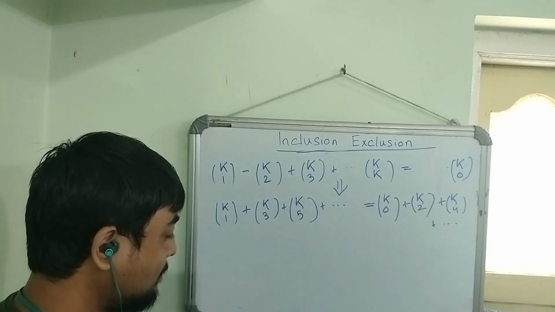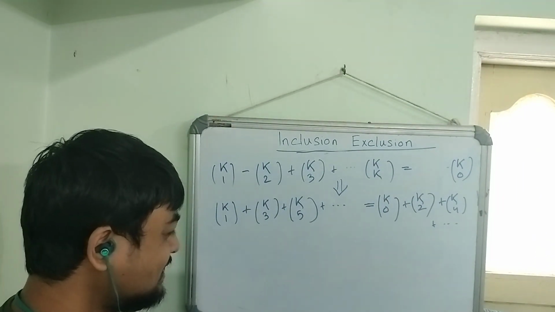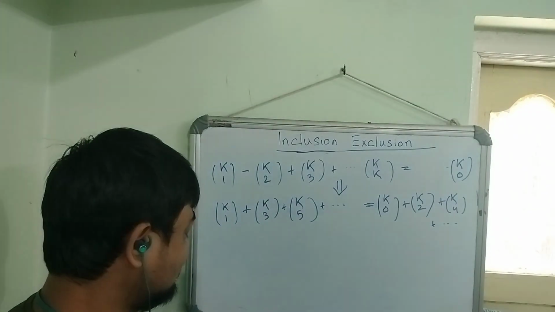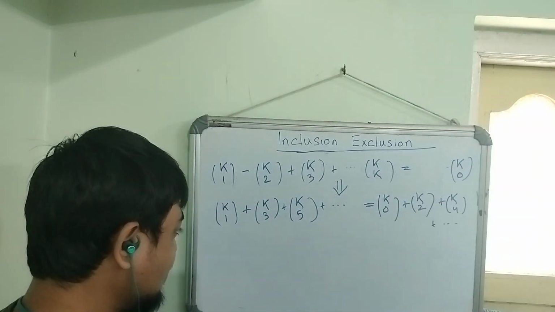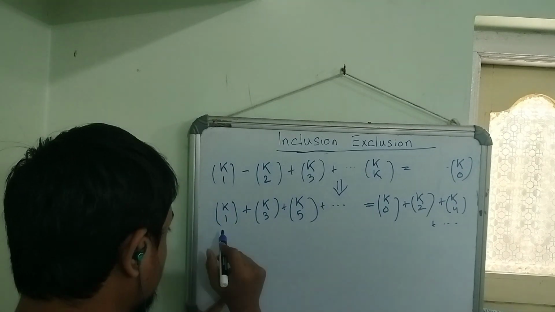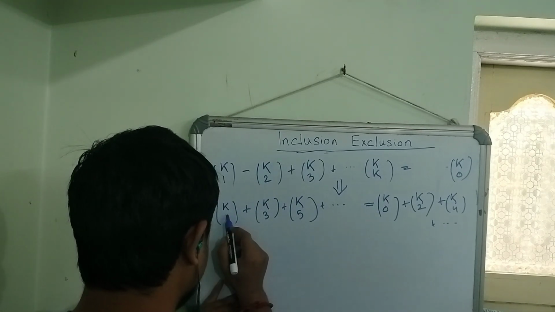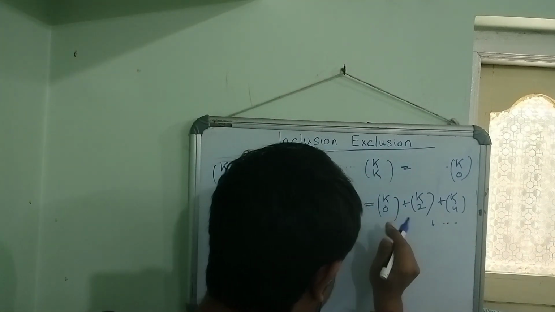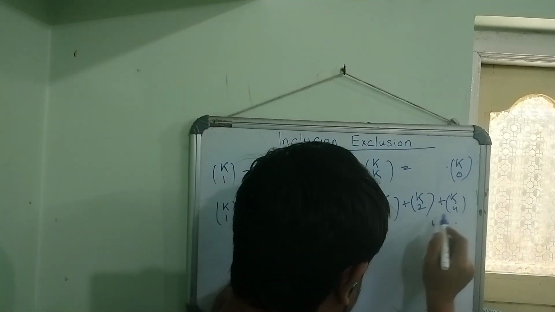Now, what is this actually telling? This looks like a combinatorial problem, but we're going to use common sense. All of these in the LHS are odd numbers: k choose 1, k choose 3, k choose 5, and so on. In the RHS, everything is even.